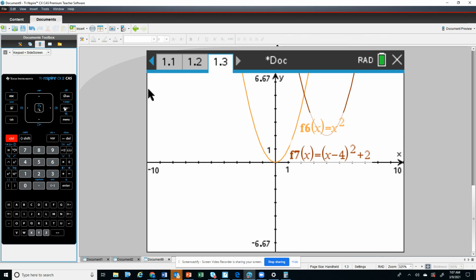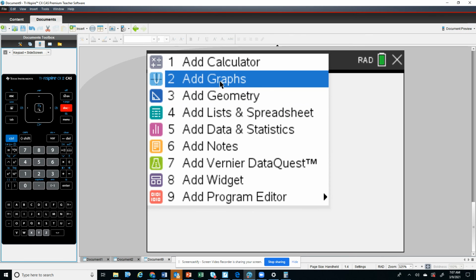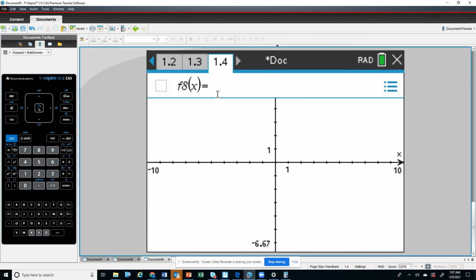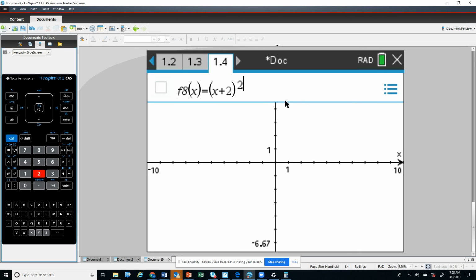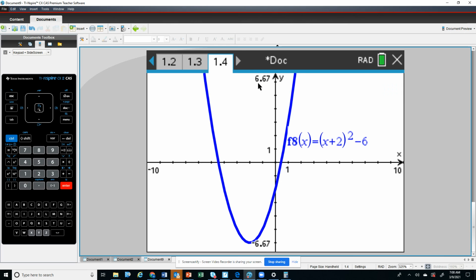Control tab, add graphs. And so I'm going to enter the function, which is parentheses x plus 2, close parentheses, squared, and then I'm going to click right here and put minus 6.